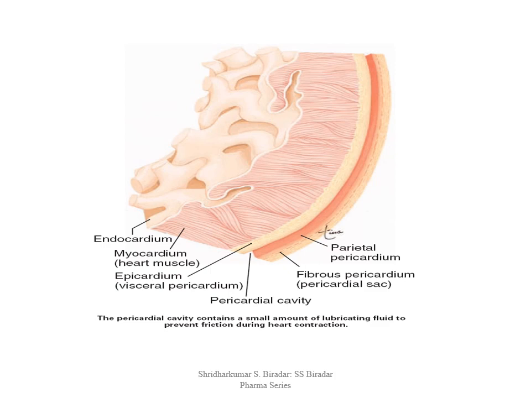This is how the explanation is given with the image. You can see here the fibrous pericardium, the serous pericardium, the epicardium, and in between, the pericardial cavity. This is the epicardium. This is the myocardium with the muscle fibers.